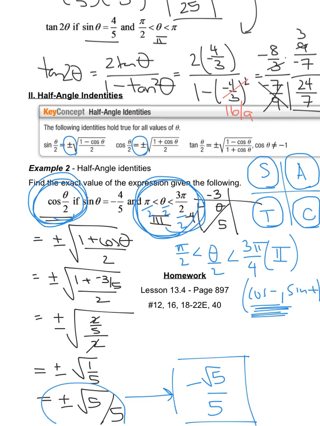All you have to do is take your initial domain for theta, divide everything by 2, and then look at these angles. Pi halves to 3 pi fourths is in quadrant 2. In quadrant 2, I know sine's positive, cosine's negative, and then you can use that idea to interpret whether your answer should be positive or negative in the end.